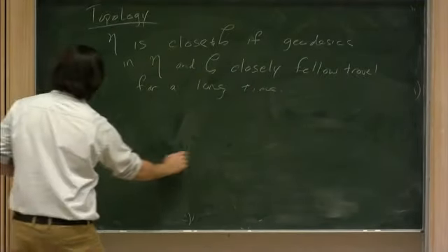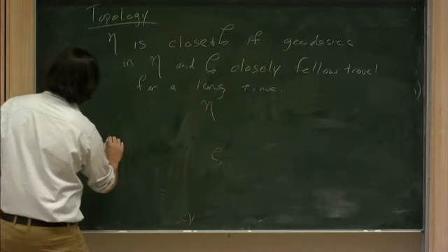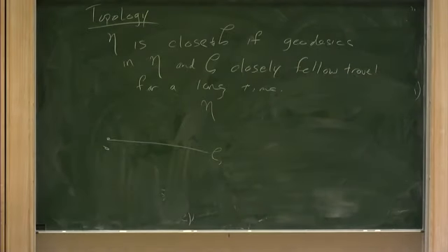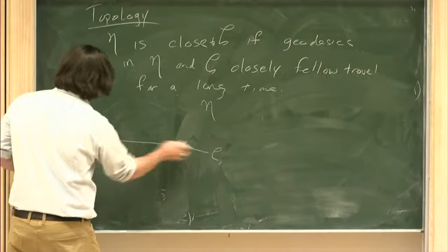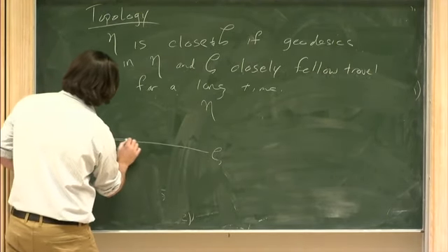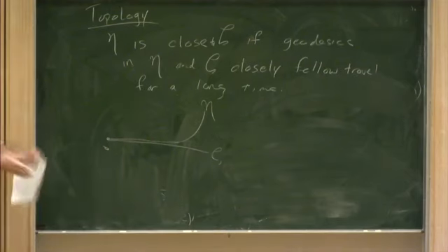Right, so here's your base point, here's points zeta and eta out on the boundary, and those are equivalence classes of geodesic rays, so I pick representatives, and they're close in the topology on the boundary if the rays sort of stay close together for a long time before they finally diverge.